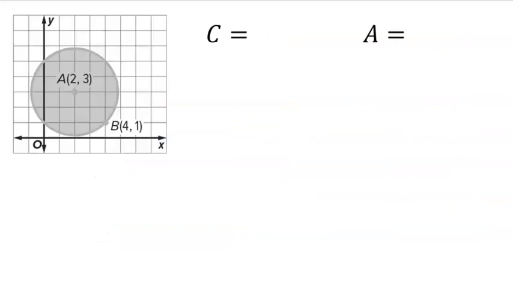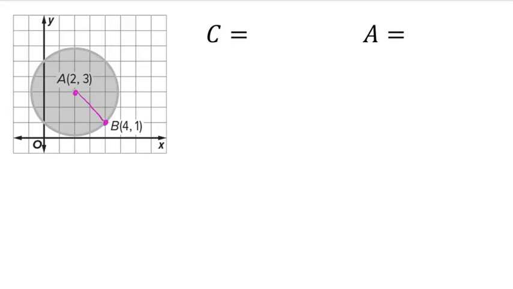Now let's take a look at what circumference and area might look like if they give us something on the coordinate plane. So for this one, we can't see the radius clearly. So if we look this way, we can't really tell what that point is. It is not in the corner of those boxes, so that's not something we can use. But they do give us 2 points on the circle. They give us the center, and then they give us a point on the outside.